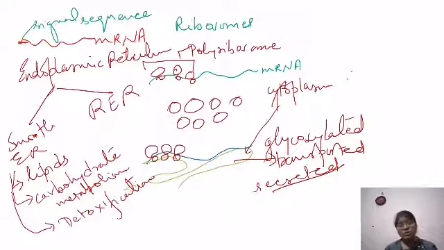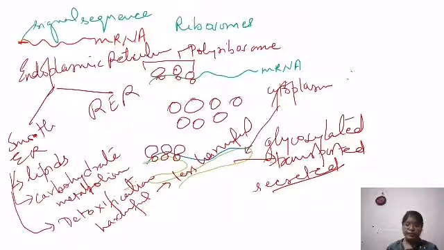It is a process where something very harmful is converted into a less harmful substance. So various drugs, alcohol, and even ammonia, which is formed from amino acids, get detoxified into urea in the liver. So various drugs and all these things are getting detoxified.